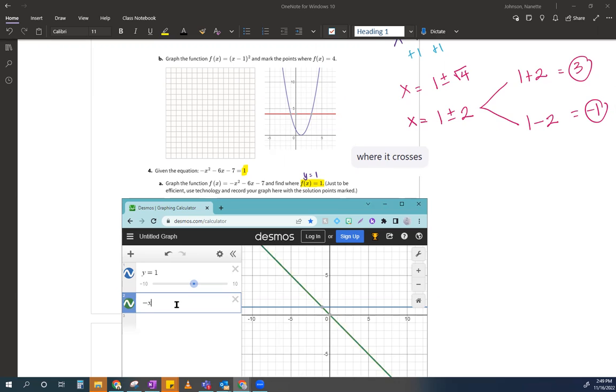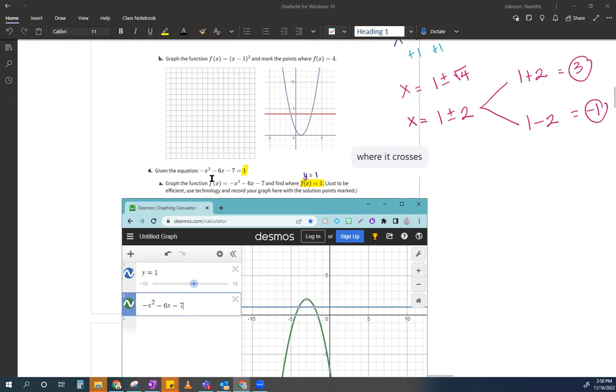So negative x squared minus 6x minus 7. Got it? Where did she get this? She's just making stuff up again. Where did she get this equation?